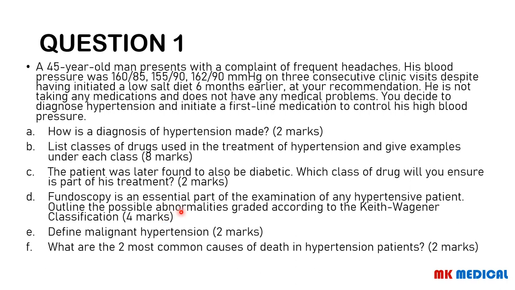D, if ophthalmoscopy is an essential part of examination of any hypertensive patient, outline the possible abnormalities graded according to the Keith-Wagner classification. Part E, define malignant hypertension. Part F, what is the most common cause? What are the 2 most common causes of death in hypertensive patients? You may pause the video right now.